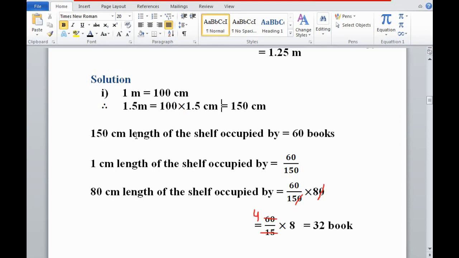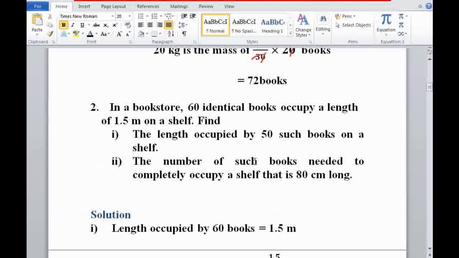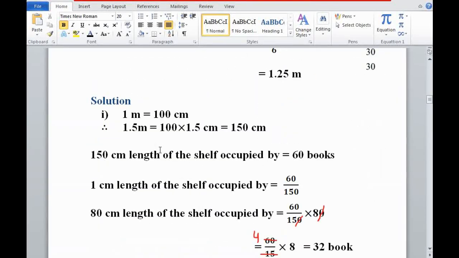And now 150 centimeter length of the shelf is occupied by 60 books. Now this is given in the statement of the question that 60 identical books occupy a length of 1.5 meters. After converting 1.5 meters, the length is 150 centimeters. So 150 centimeter length of the shelf is occupied by 60 books.